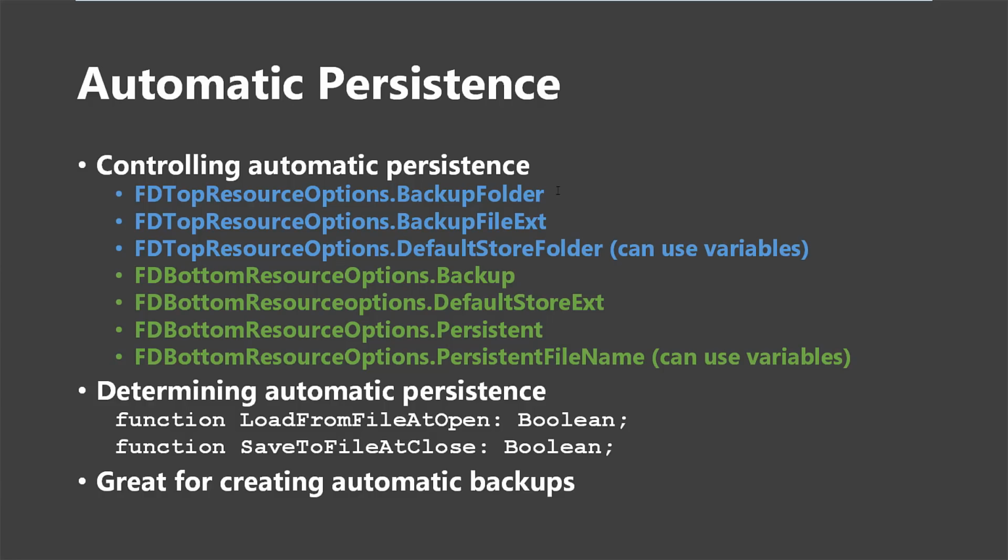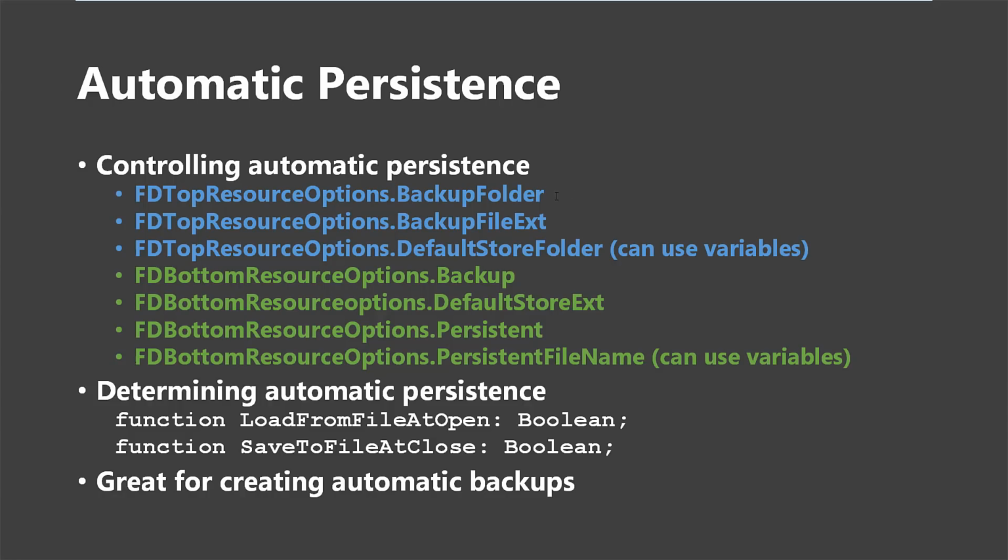What this really means is, to really take control over these features and these examples that I've used of having an automatically loading and saving file format, or having the backups being created, you're going to use a combination of the FD dataset's resource options and the object that it inherits from, the FD connection or FD manager.